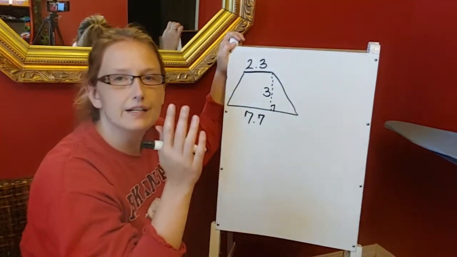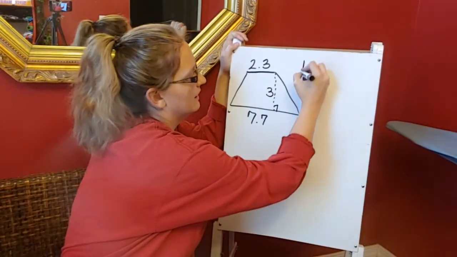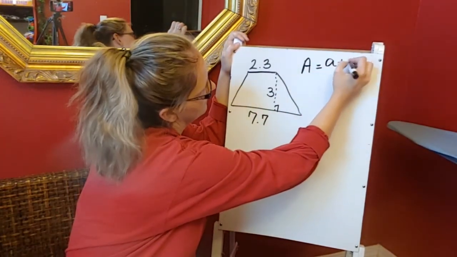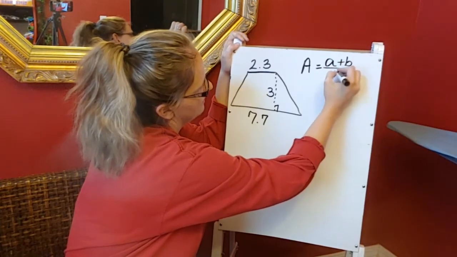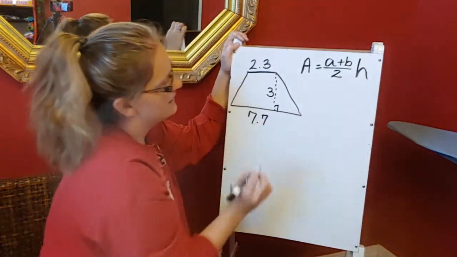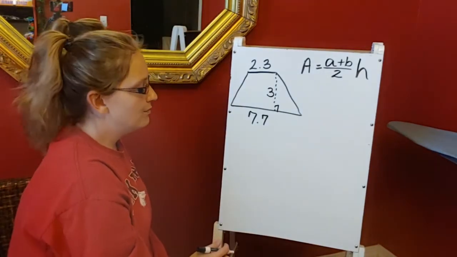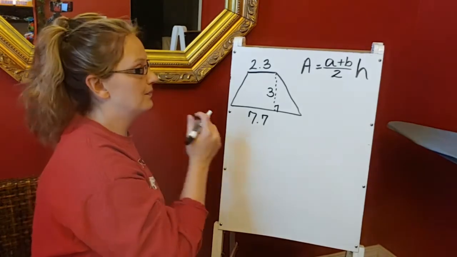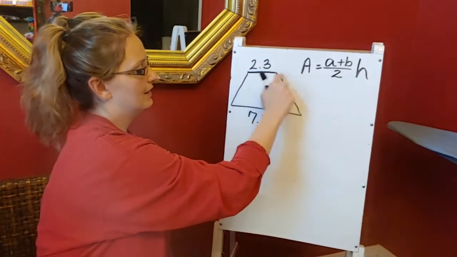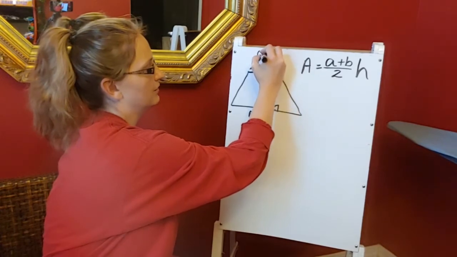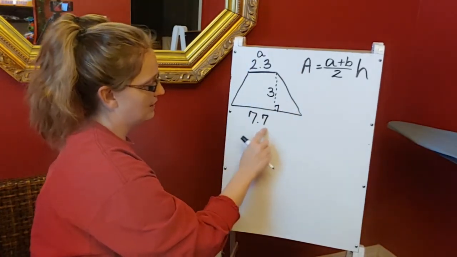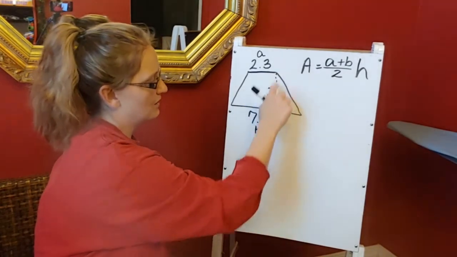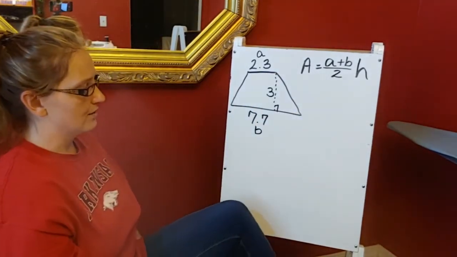Now for a trapezoid, my area is equal to a plus b divided by 2 times h. Now a and b for a trapezoid are just the lengths of the top and the bottom. So for this one, the top flat piece is 2.3, that's my a, and my bottom flat piece is 7.7, so that's my b. My h is still my perpendicular height right here, which is 3.